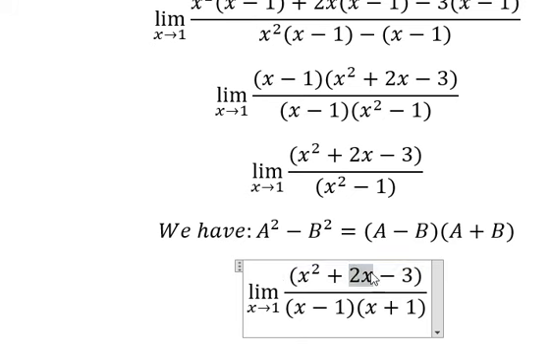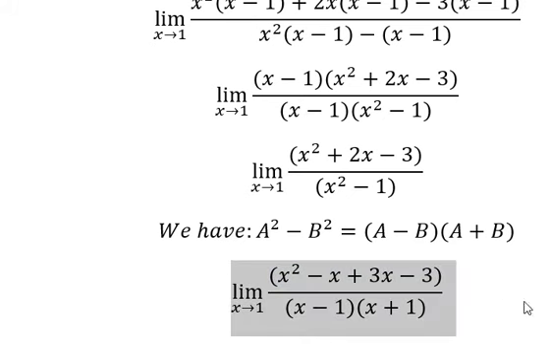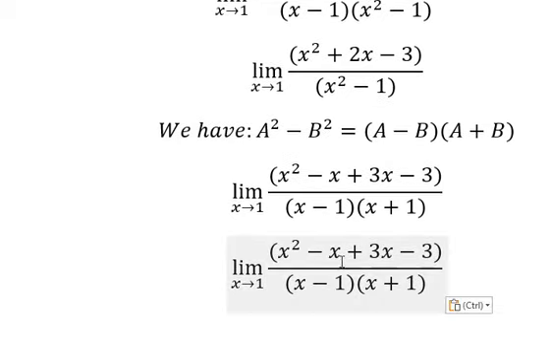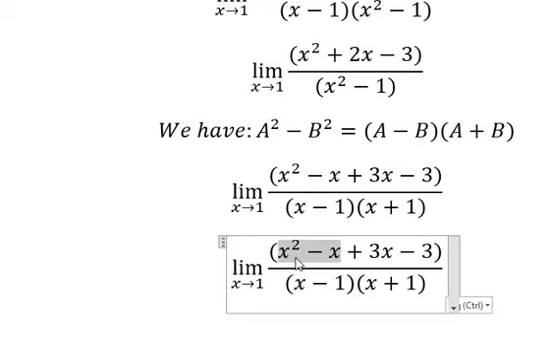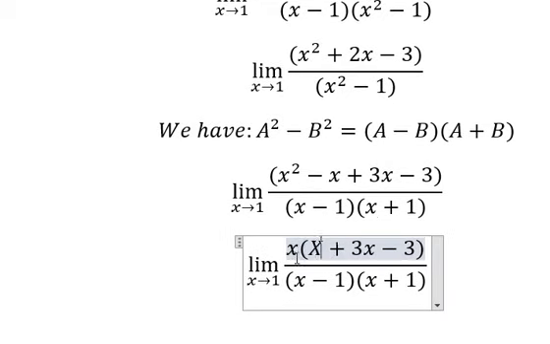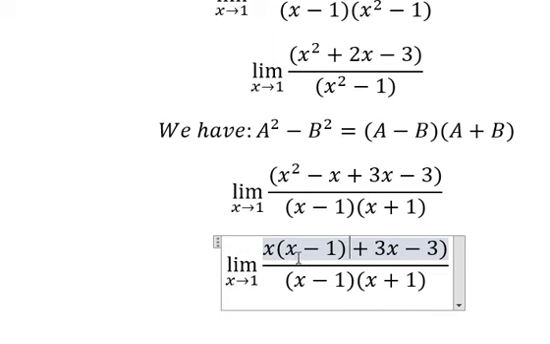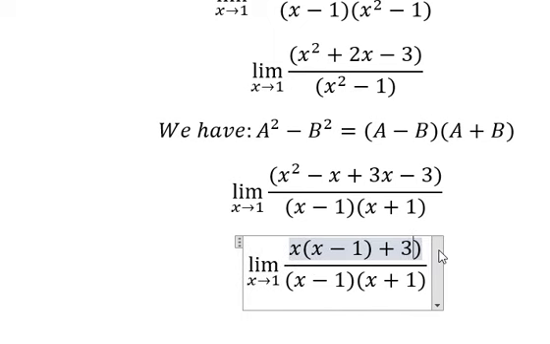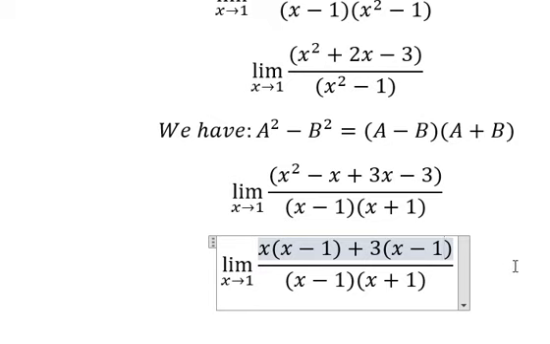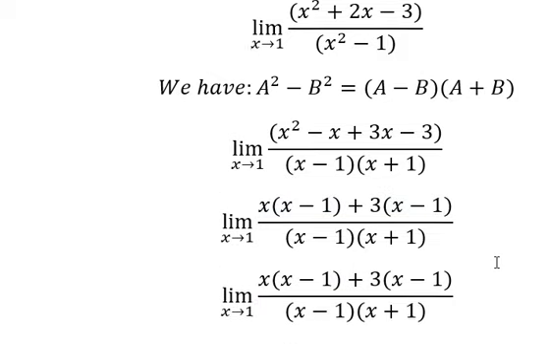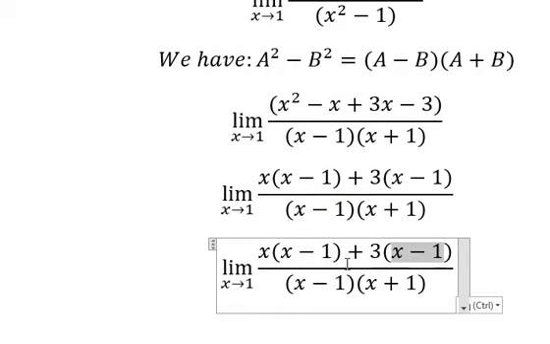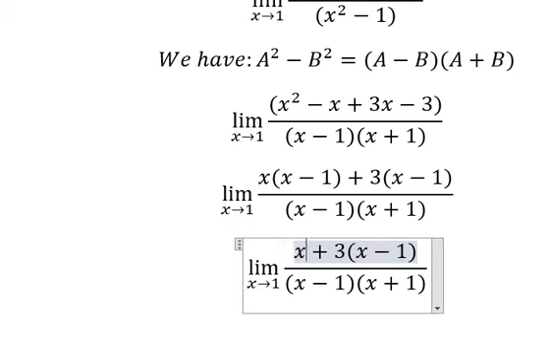About this one, I can put 3s minus s. Now, we can do factorization by s. Similar for this one. S minus 1, s minus 1, we can do another factorization.